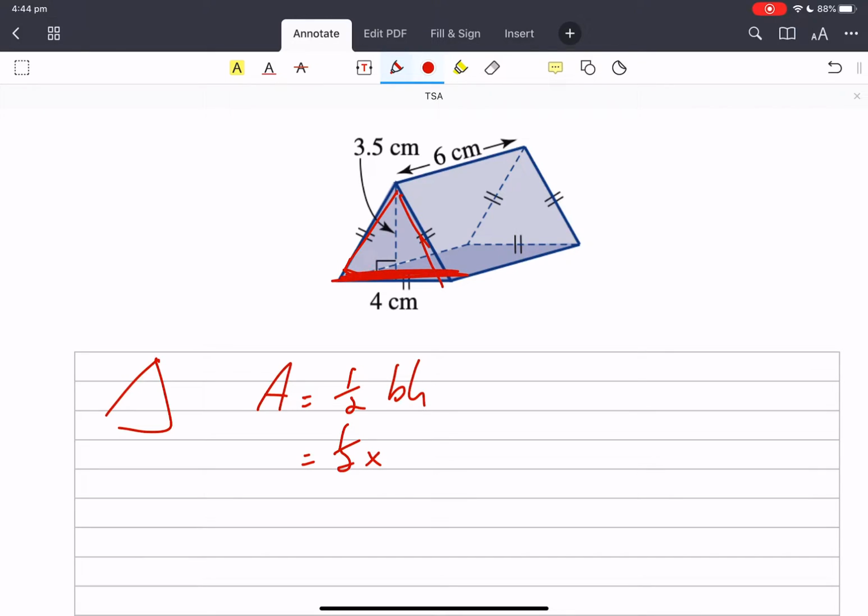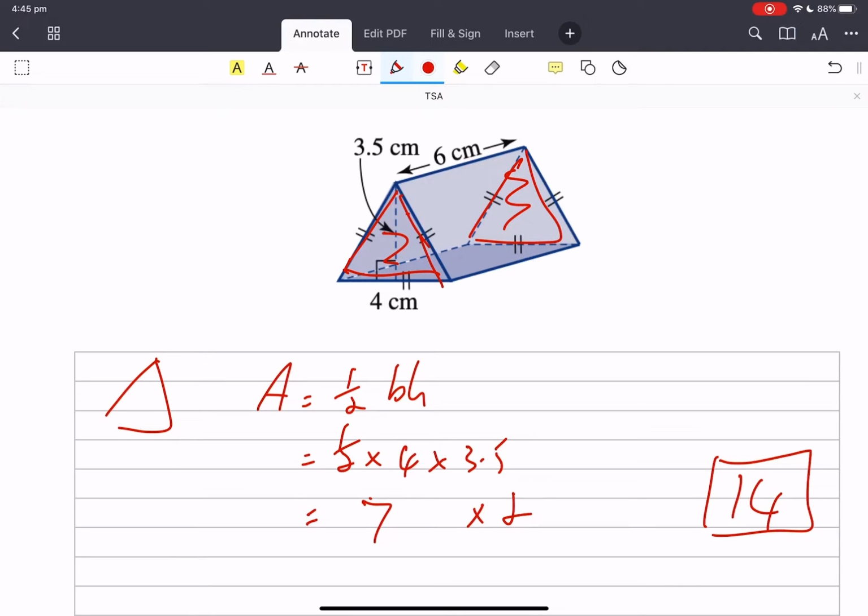My base is going to be 4, and my height is going to be 7. And there's 2 triangles, 14.